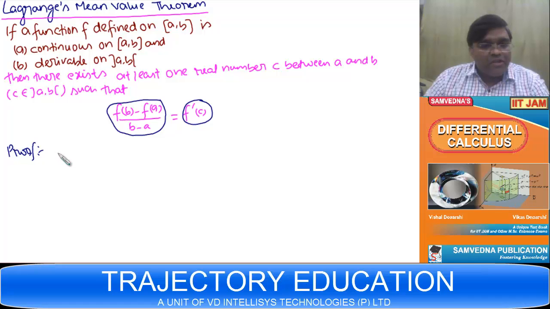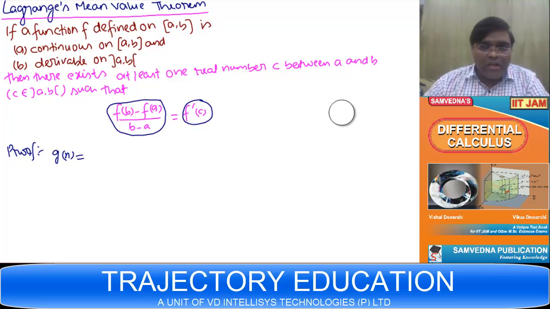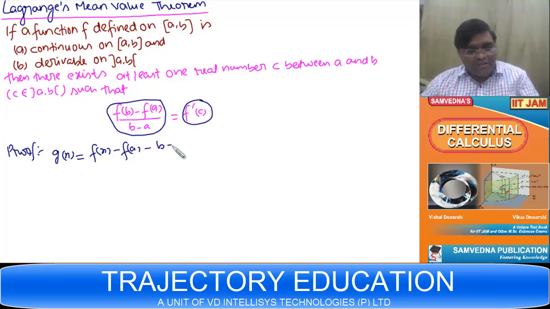Here let us consider a function g(x) equals to f(x) minus f(a) minus (x minus a) into capital A. It's a very tricky topic.